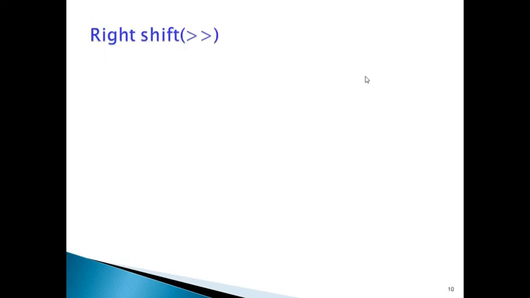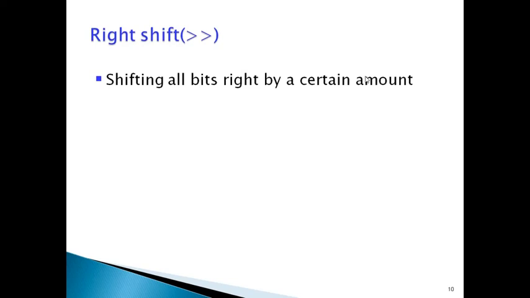Now we will see the right shift operation. Similar to the left shift, the bits are moved to the right side and the right side bits are ignored. The left side we will fill with zeros, shifting all bits right by a certain amount.